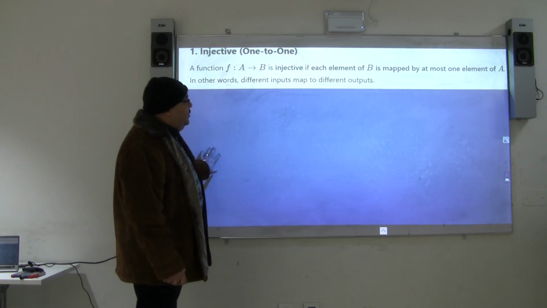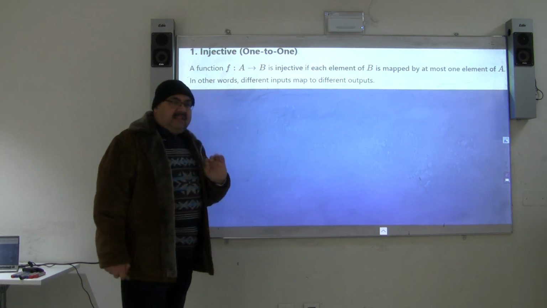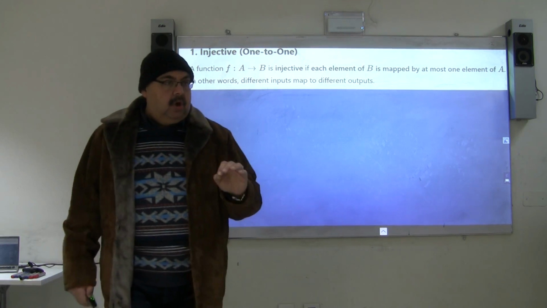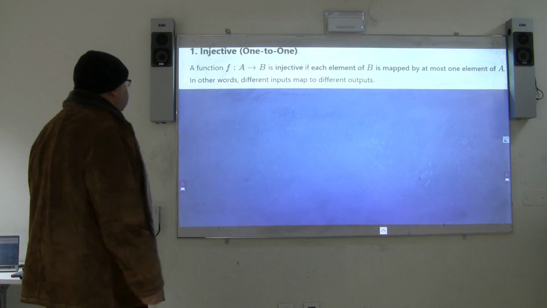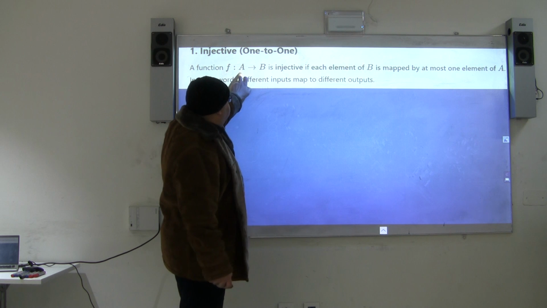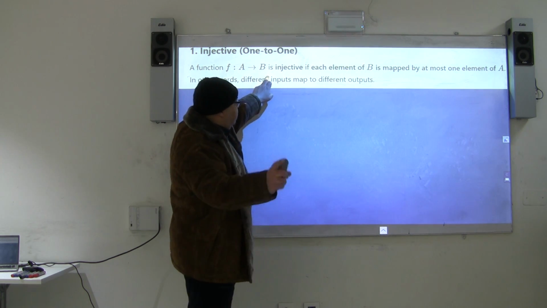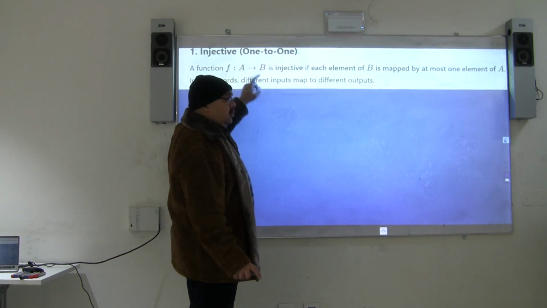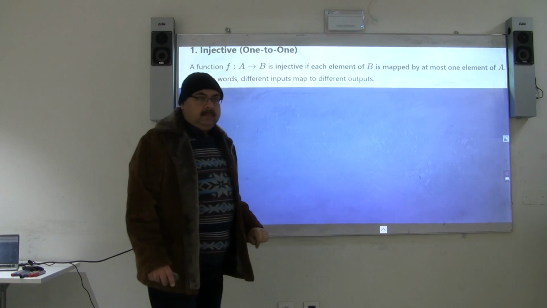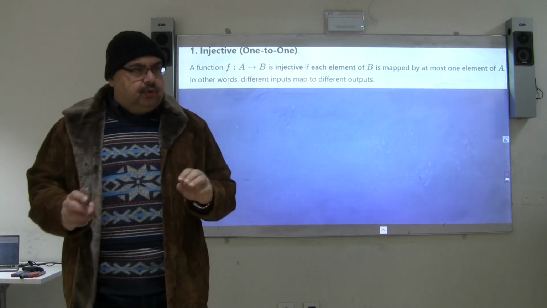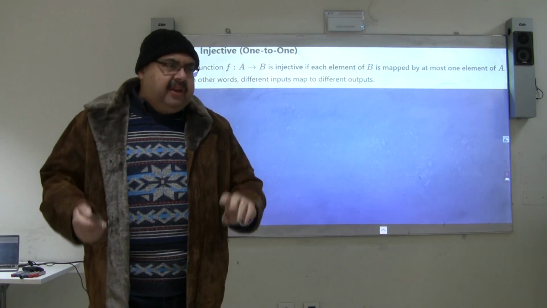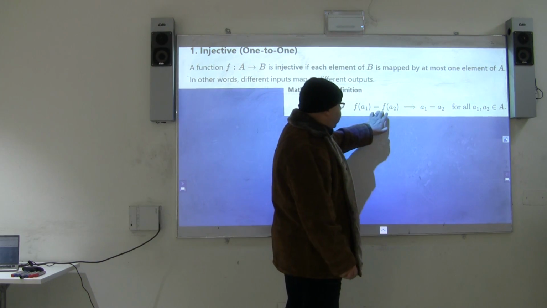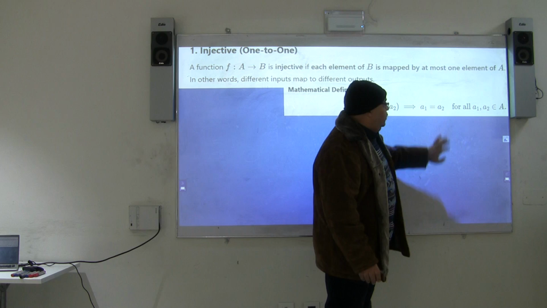So it's an example of non-injective functions. Also, I have added this slide which contains the detailed definition and the principles of one-to-one functions. A mapping from A into B is injective if each element of B is mapped by at most one element in A. Which means you don't have two values in A having the same value in B. Okay, that means also once more, f of A1 equal f of A2 implies that A1 is equal to A2.